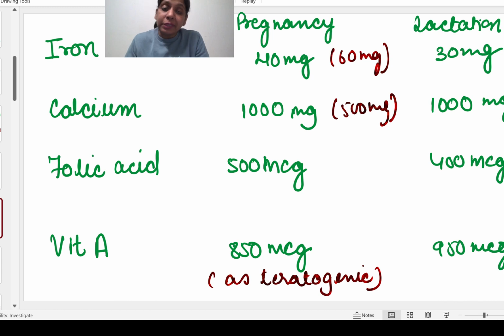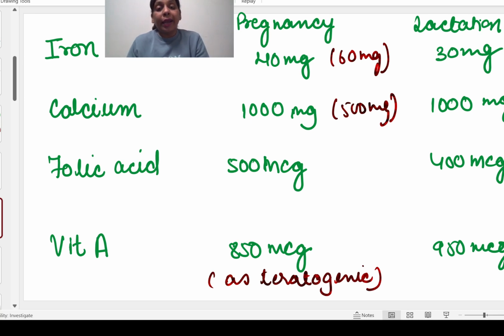No doubt we give 60 milligram because in India, iron deficiency anemia is much more common. The tablet which we give is of 60 milligram because not all that we give in the tablet is absorbed, right? So the tablet which we give in Anemia Mukt Bharat is 60 milligram.